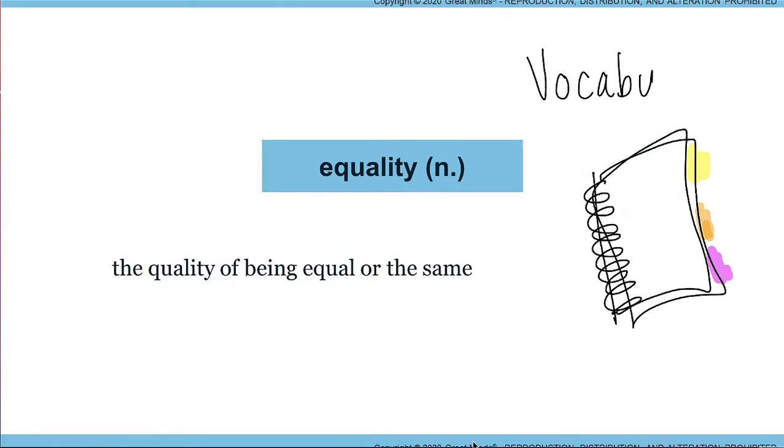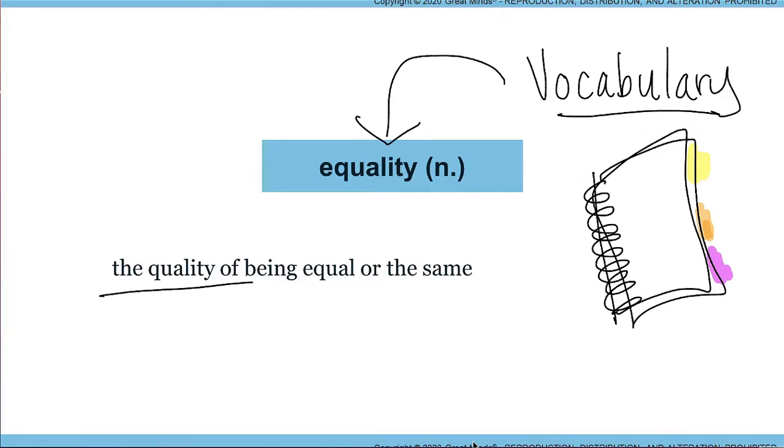We're going to write the word equality and then write what it means. The quality of being equal or the same. You can pause the video if you need more time to write that into your notebook.